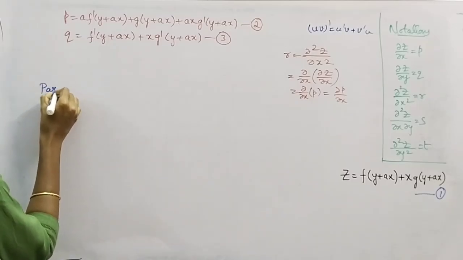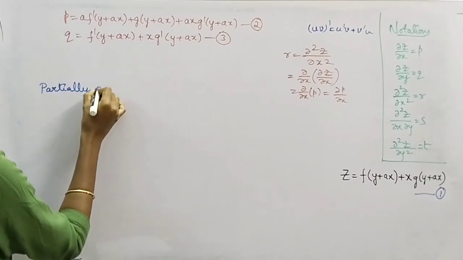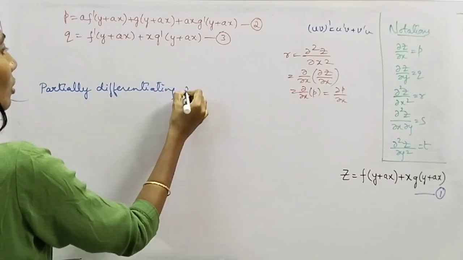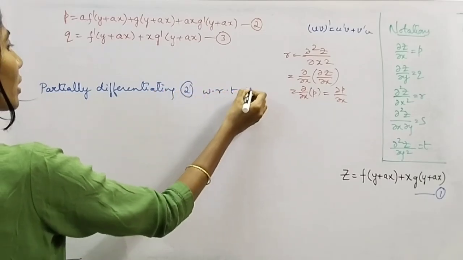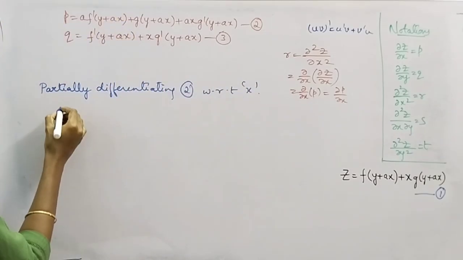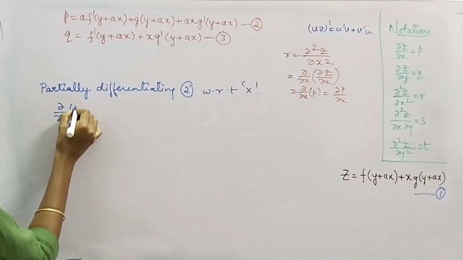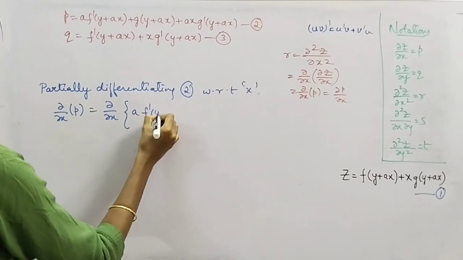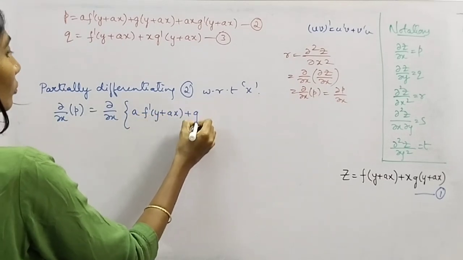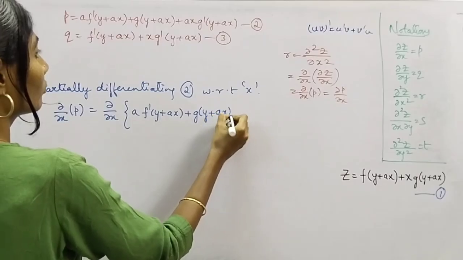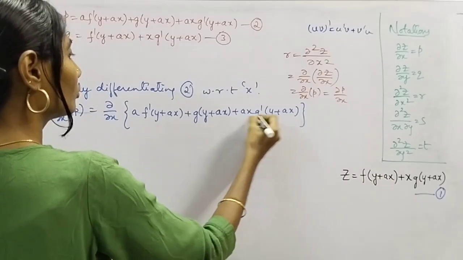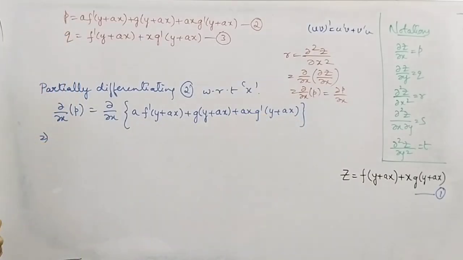Just apply dou by dou x on both sides of 2. Here we are partially differentiating with respect to x, so we'll treat y as constant.